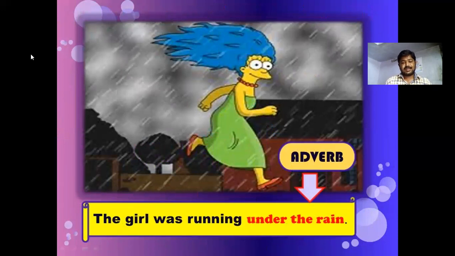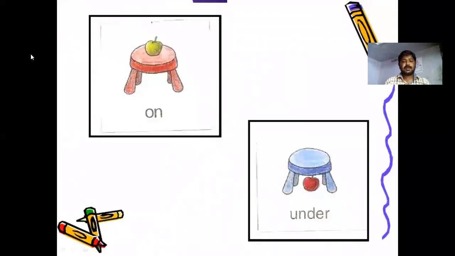Adverb phrases like under the rain: the girl was running under the rain. Under is an adverb, but here under the rain shows an adverbial prepositional phrase. And look at the apple. The apple is on the table.